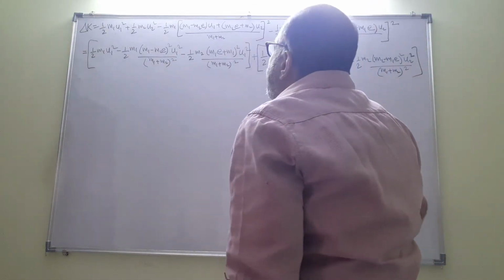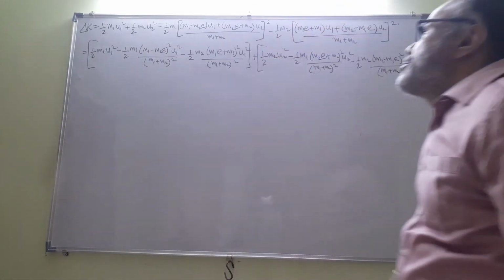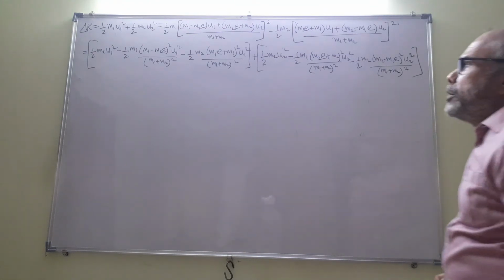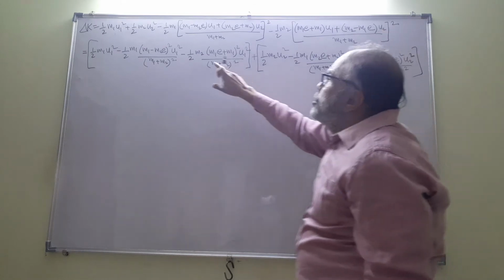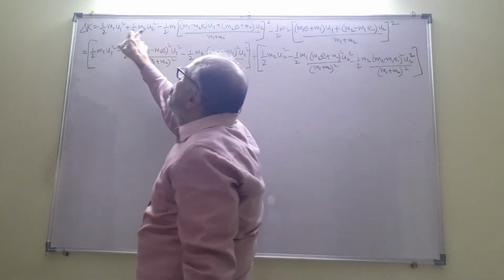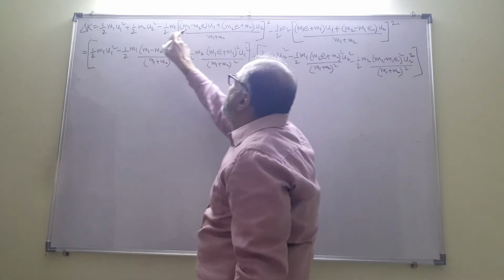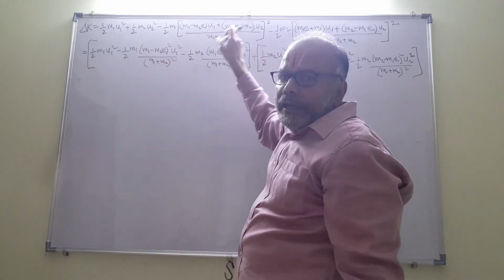Now we will have the u1 u2 terms. Let us write the u1 u2 term. There is no u1 u2 term in the initial kinetic energy. There will be a u1 u2 term in the final kinetic energy.